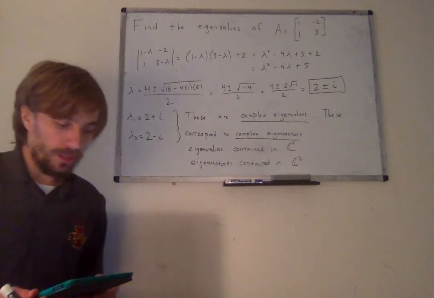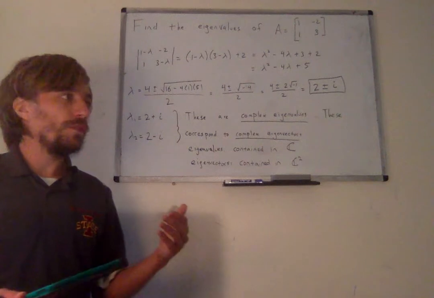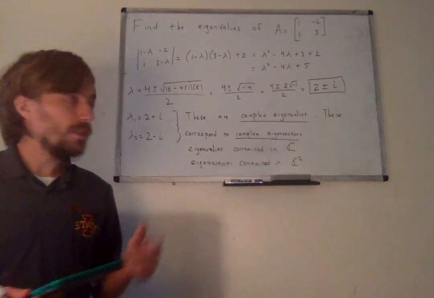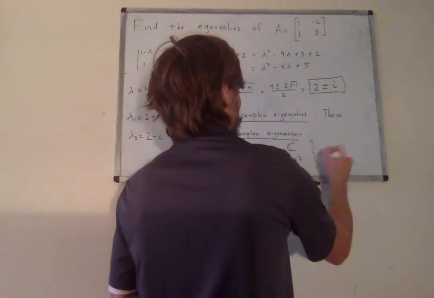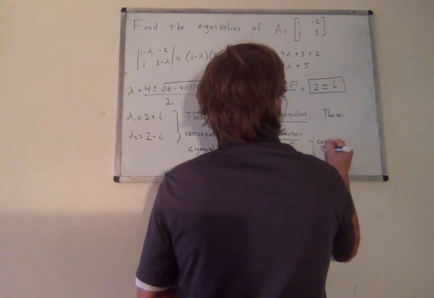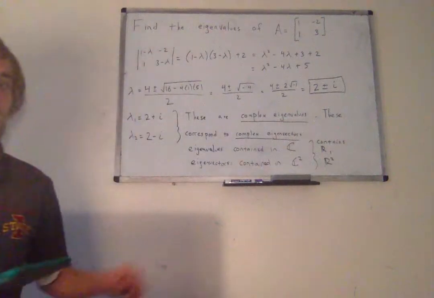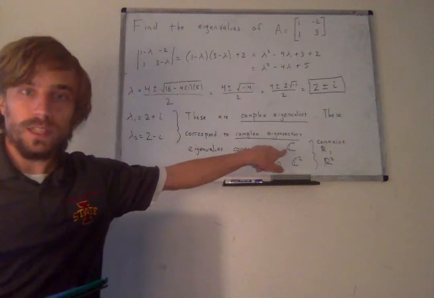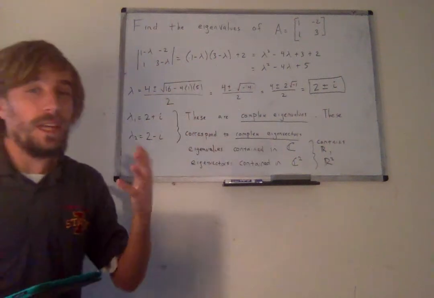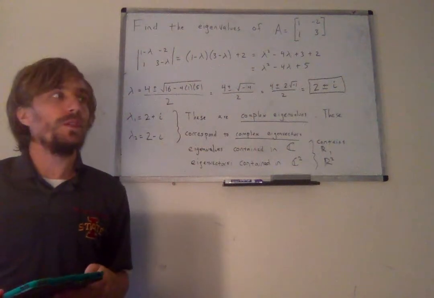So a few quick notes about the set of complex numbers. This is what we call a superset of the real numbers, meaning this set contains R and R2 respectively. So notice here that the set of real numbers is contained in the set of complex numbers. So for example, 3 is technically a complex number, and it'll make more sense when we formally define what a complex number is.